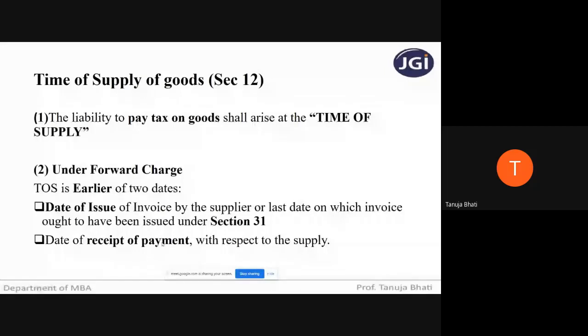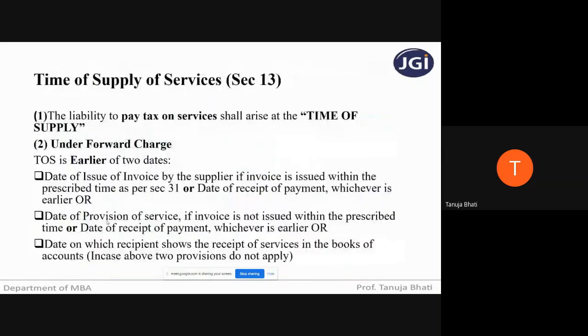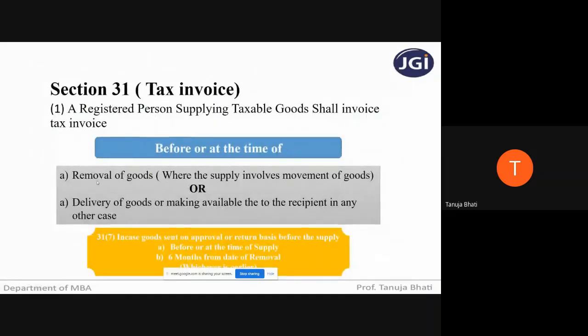Now, for the date of issue of invoice, you need to check the actual date when the supplier has issued the invoice or the date on which it ought to have been issued. Actually, he had to issue under section 31. And section 31, we have seen in respect of goods, students, says before or at the time of removal of goods or delivery of goods.